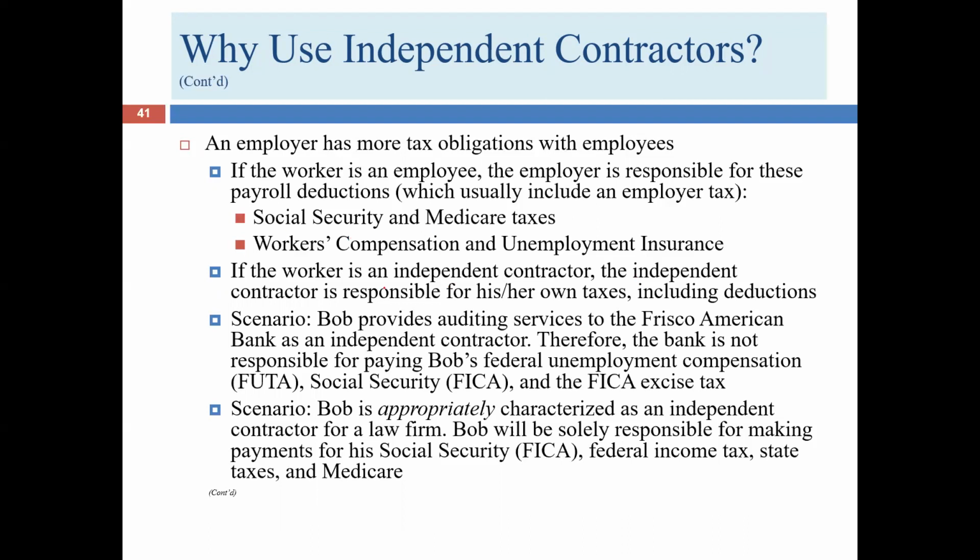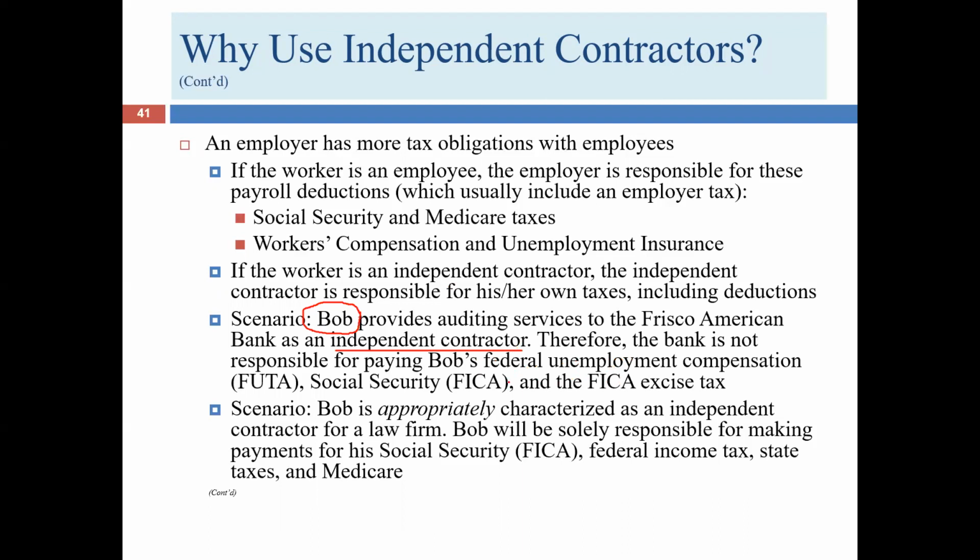So we're back to Bob, and this is a new Bob. This Bob is an independent contractor. He performs auditing services for a bank. And we know that he's an independent contractor, so we're going to accept this at face value. Because he's an independent contractor, the bank isn't going to withhold or pay into the various taxes relating to unemployment compensation, FICA, or other taxes along those lines.